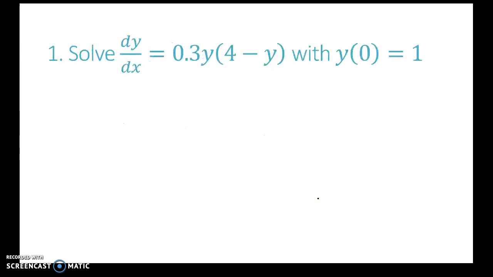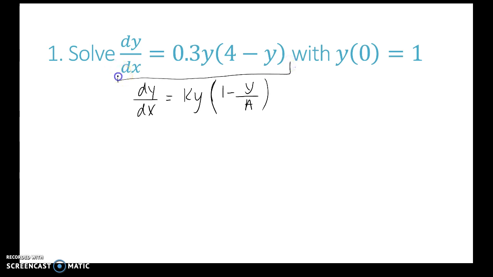Okay, so solve dy/dx equals the given differential equation, with y of 0 equal to 1. The logistic differential looks like dy/dx equals ky times (1 minus y divided by A). The given differential sort of looks like a logistic differential equation, but we're going to have to do a little algebra to fit it into this exact form.